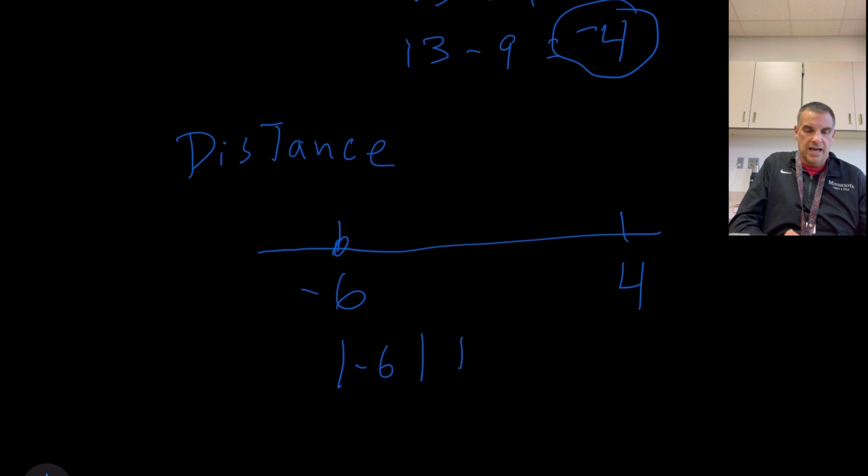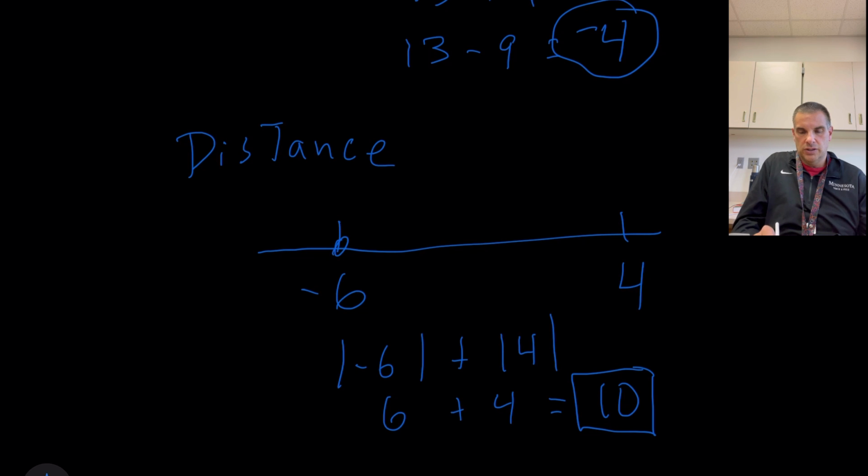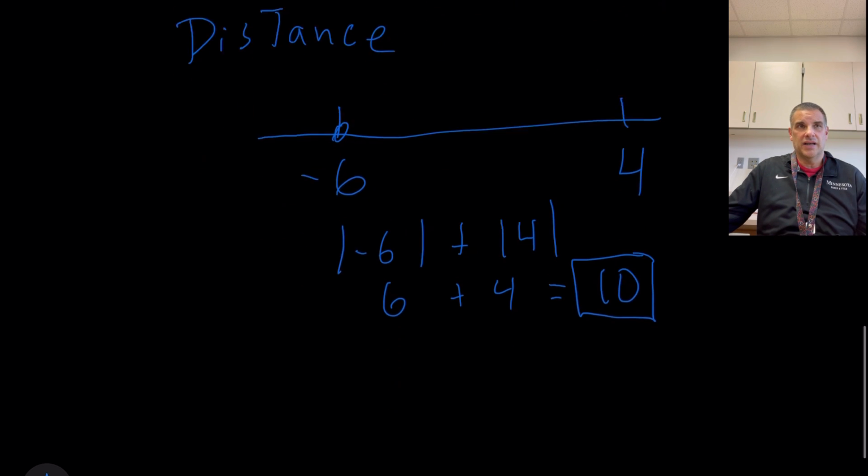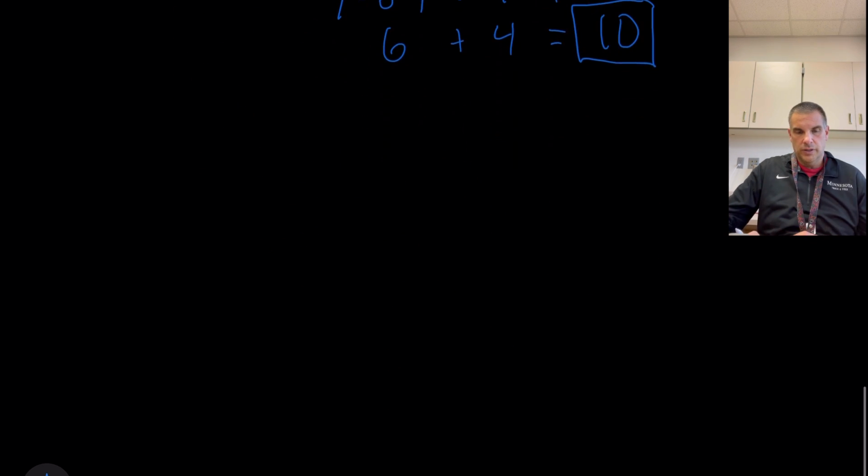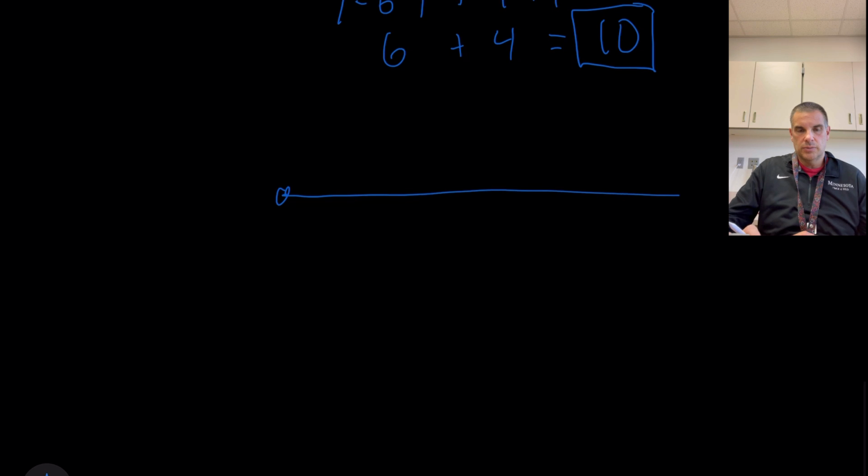So we're going to do the absolute value of negative 6 plus the absolute value of 4. So 6 plus 4, so the distance between those 2 points is 10. So it's the absolute value of the first plus the absolute value of the second when you're looking for distance between 2 points on a number line.